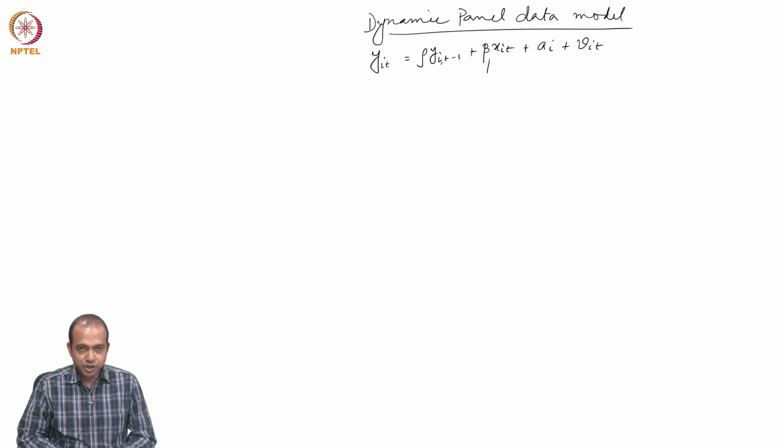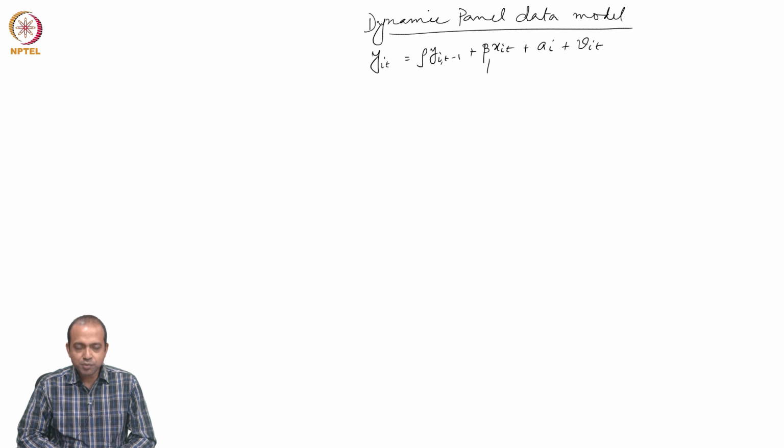Before that, we had estimated a difference GMM using yit minus 2 as instrument for the difference equation. And when we said that lag of level performs poorly as an instrument for the difference variable, we said that, following Arellano and Bover 1995 and Blundell and Bond 1998, we would estimate a system GMM also using the Stata xtabond2 command.